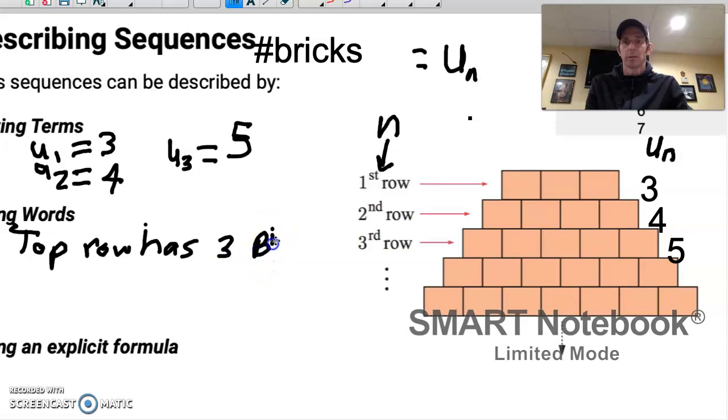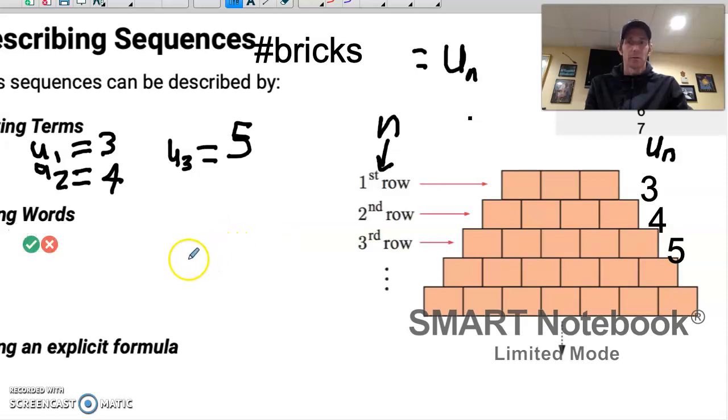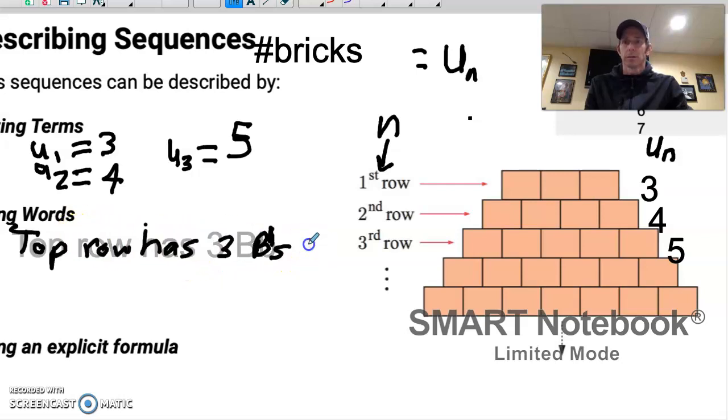I'm going to call those B's, 3 B's in it. And then our rule would be, looks to me like for each row we add 1 brick.